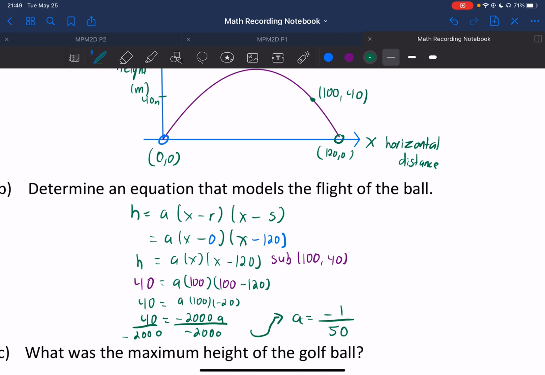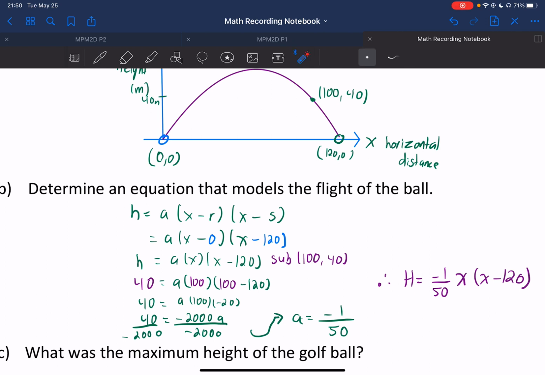So what we want to now do is bring all that information together. Therefore, our height is equal to negative 1 over 50, that's our a, times x, that's our first x right here, and then we bring in our second bracket, (x minus 120).